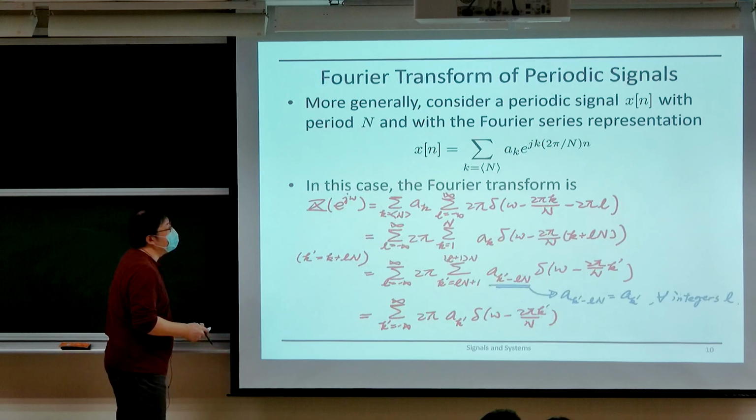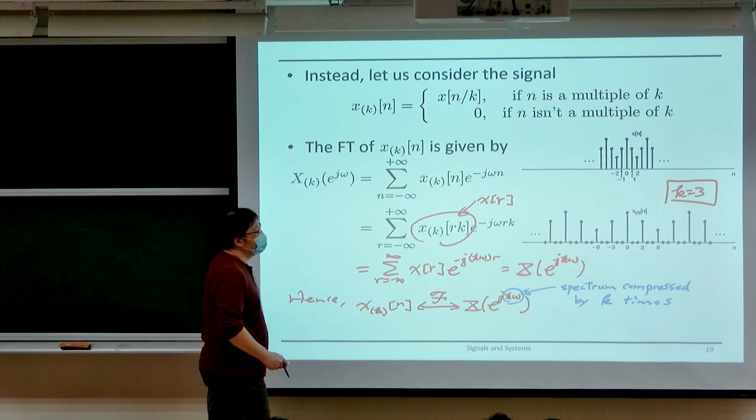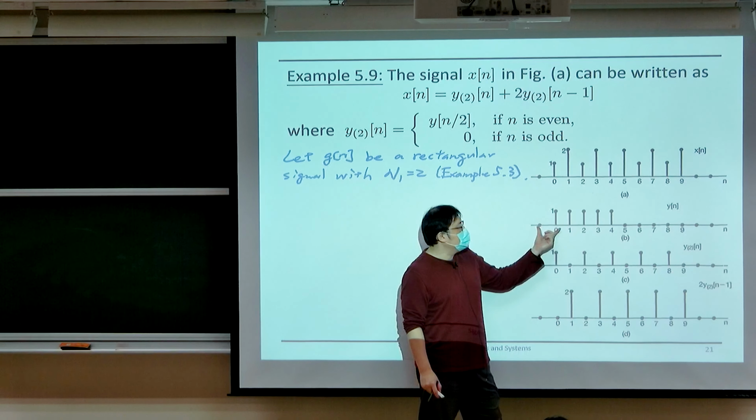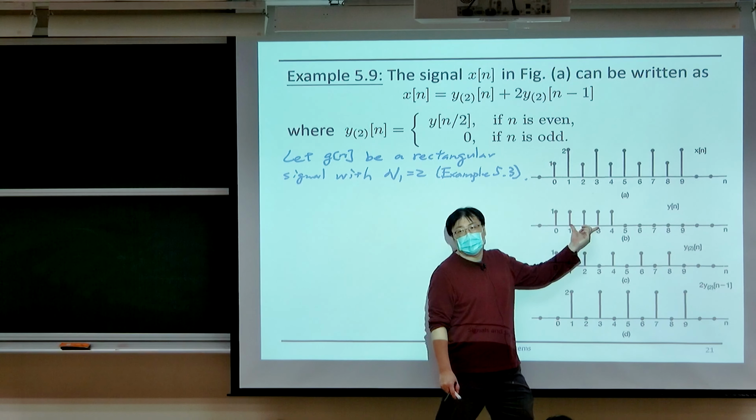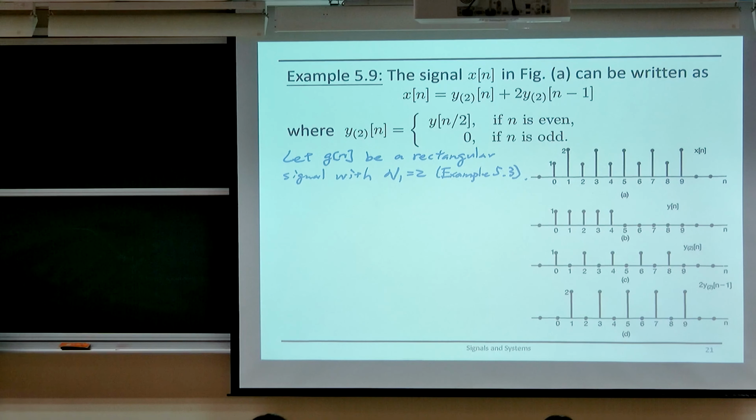But if you look at y[n], y[n] is not symmetric about 0, but instead it's shifted to the right by 2. So y[n] is actually g[n] shifted by 2. Let y[n] be equal to g[n-2].